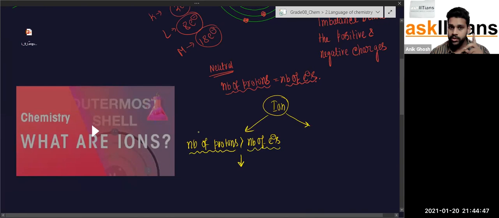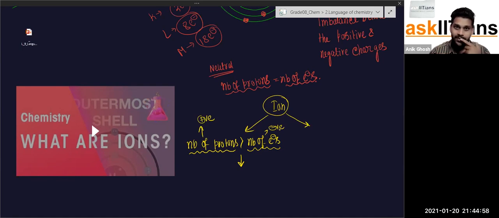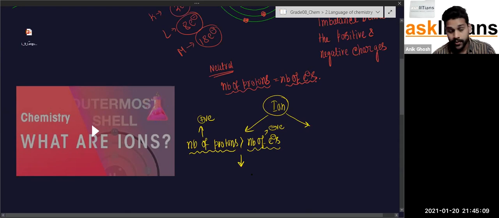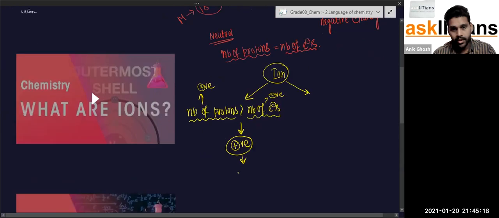Electrons are negatively charged. Fine. When the number of protons is more than the number of electrons, what can be the charge of the atom? It should be negative, isn't it? It should be positive, right? So it would be positive, right? Not negative. Don't nod with me. Okay, so it would be positive, and such ions are called cations.